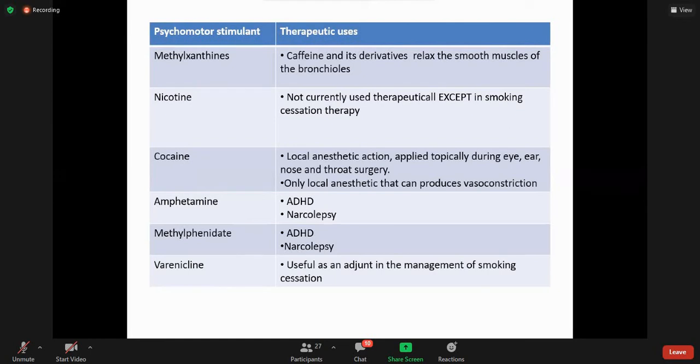Then another important derivative of amphetamine is methylphenidate, with the same use. And varenicline, which we also have discussed, is useful as an adjunct in the management of smoking cessation. So these are the key points that, from your students' point of view, you must remember, right?